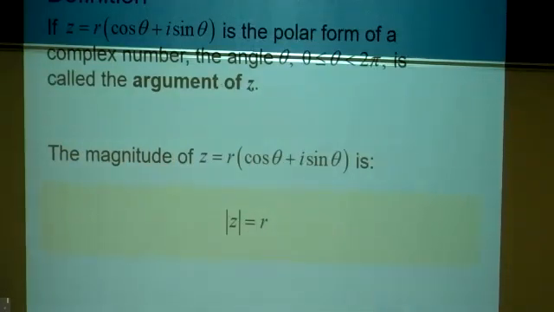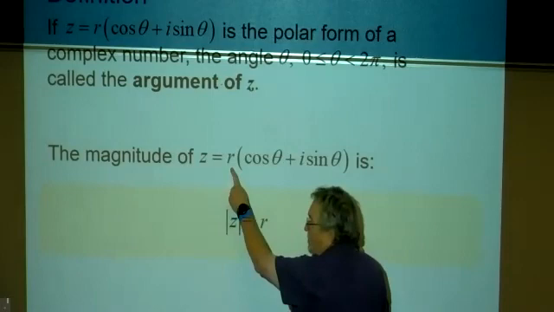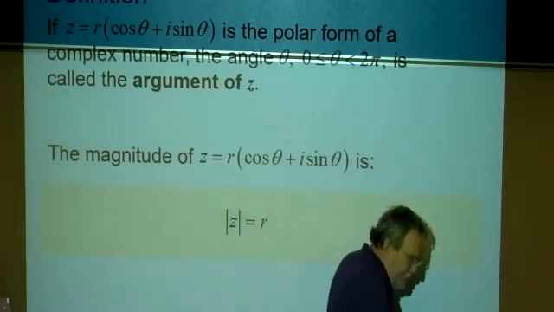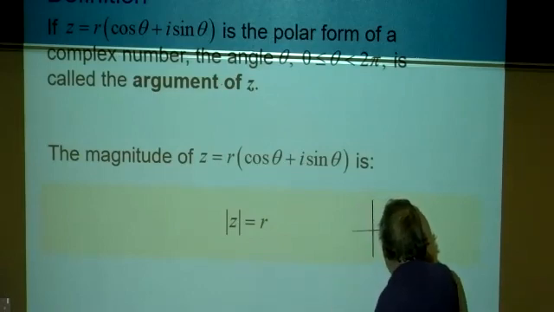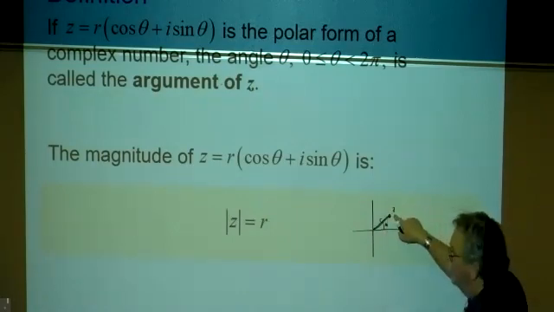So the argument of z is that angle that takes you up to that line segment. The magnitude of z is r. We look at the picture we had earlier, where this is theta, this is r. Well, r is that distance here, which is the magnitude of z, its modulus.